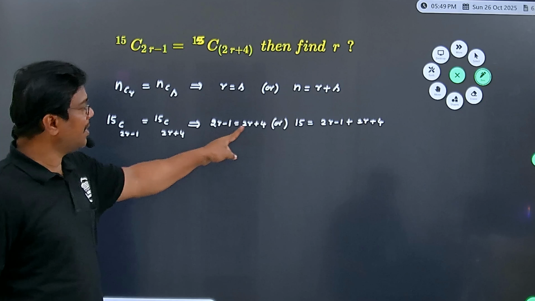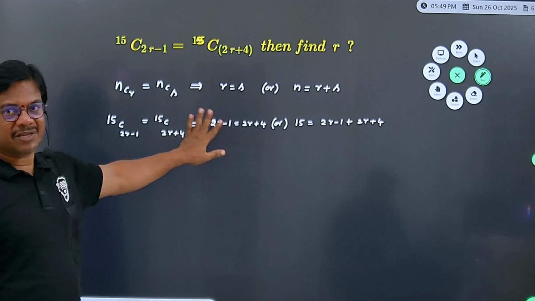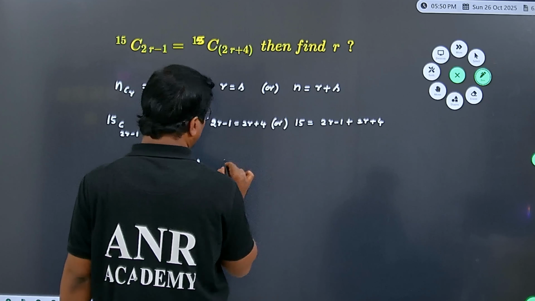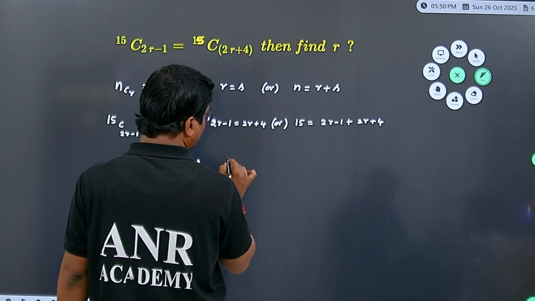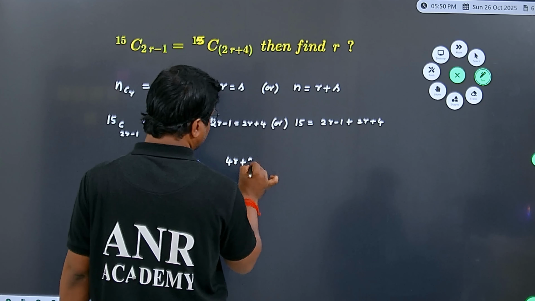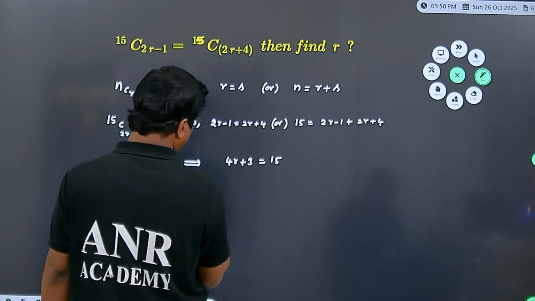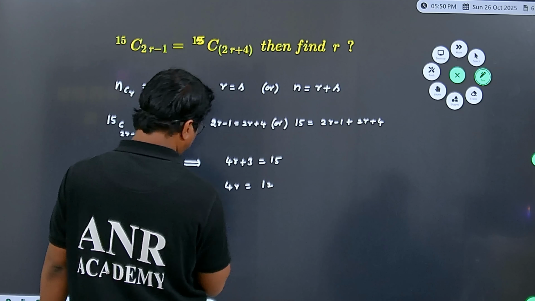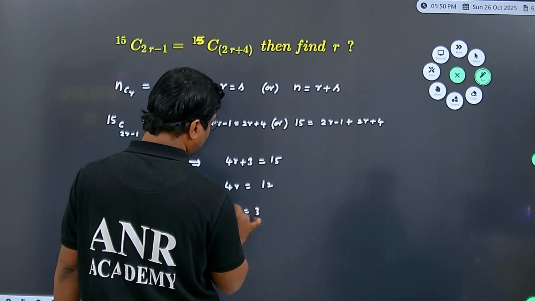Here the first one, 4 equal to minus 1, is impossible, so you have to select the second one. 4r plus 3 becomes 15, and from this 4r equal to 12, and hence the value of r equal to 3.